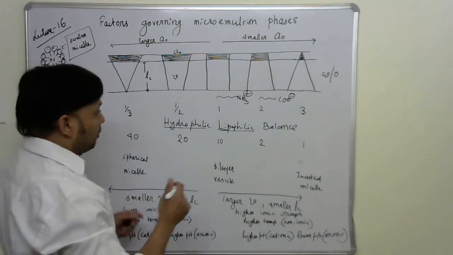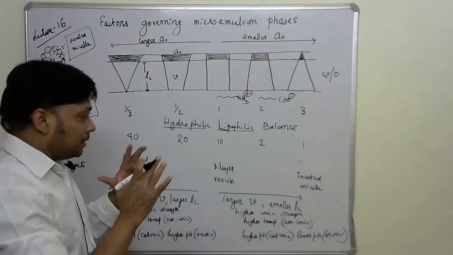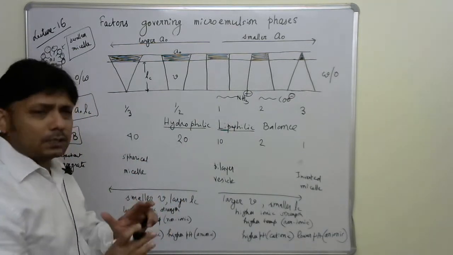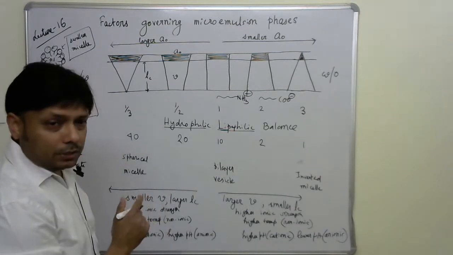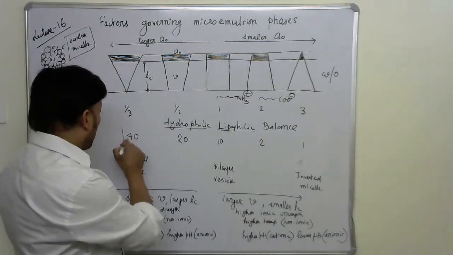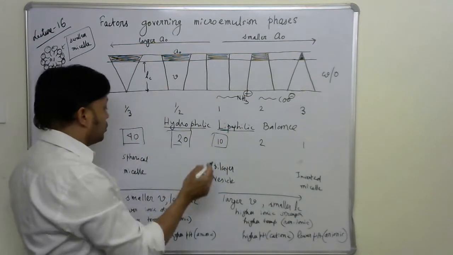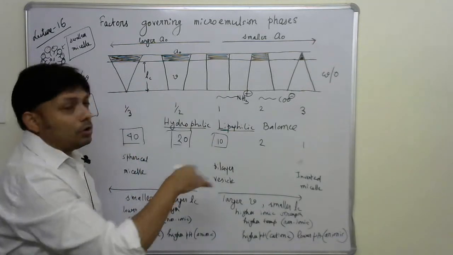So this HLB is represented as the hydrophilic factor minus the lipophilic factor plus some constants, and it is expected to give you a positive value. Now the higher the number, meaning 40 is greater than 20 is greater than 10, the higher HLB means the hydrophilic part predominates.